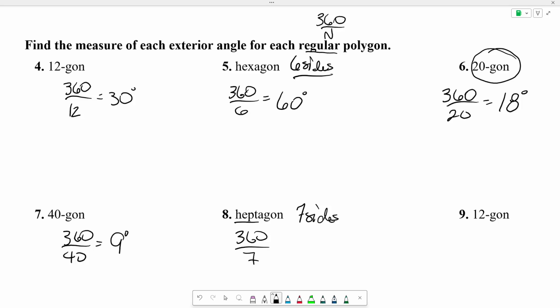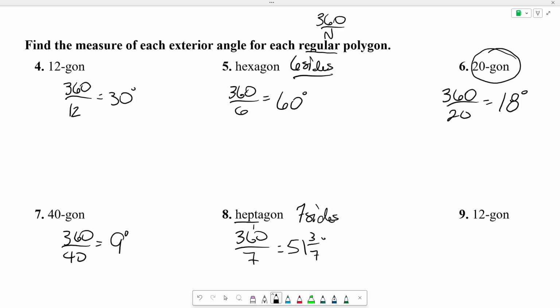So, oh, I don't think that comes out nice and pretty like all the other ones have. Well, let's see. 7 goes in here. That'll be 5, and that leaves me 35. So that leaves me at 10. That goes 1 time, and that leaves me 3/7 degrees. 360 divided by 7.